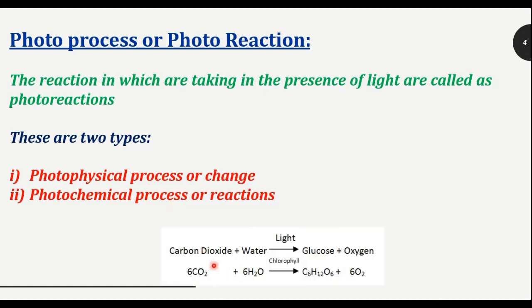You know that carbon dioxide and water react with each other in presence of light by using chlorophyll. The product is a carbohydrate, obviously glucose. This reaction takes place in presence of light, so this is the example of photochemical reaction.